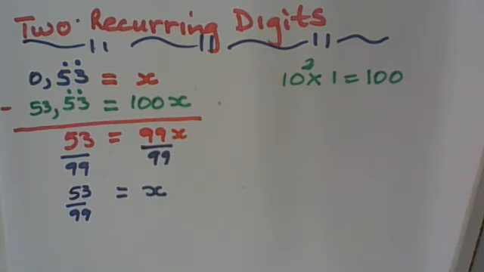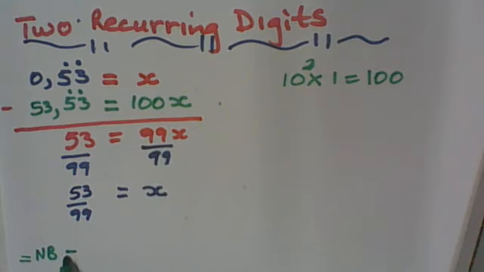Now we can come to a conclusion. What do we realize? We realize that when you have 1 digit recurring, the denominator is going to be one 9. When you have 2 digits recurring, the denominator will be two 9s. Yes, we can now come to the conclusion. That is a rule.